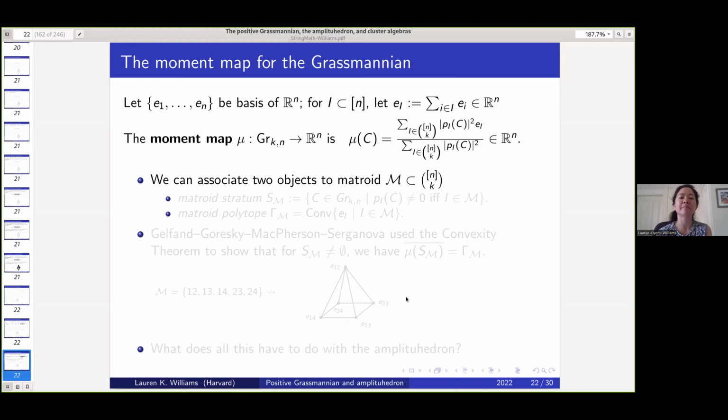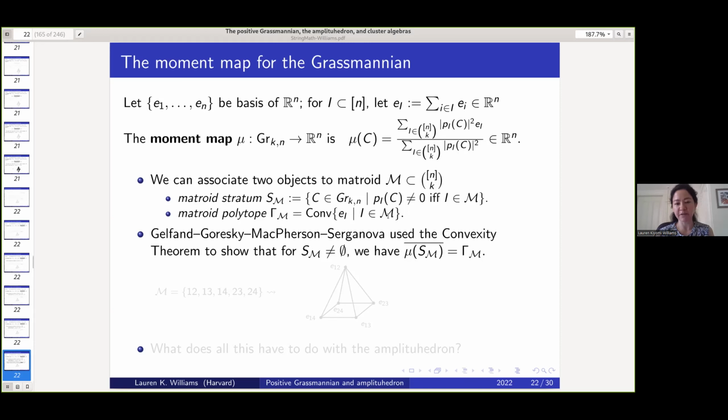So recall that a matroid is a particular collection of k element subsets of 1 through n. Given that collection, we have a matroid stratum, which is a set of points in the Grassmannian with the corresponding Plücker coordinates non-zero. We also have a matroid polytope, which is the convex hull of all of those E sub I's.